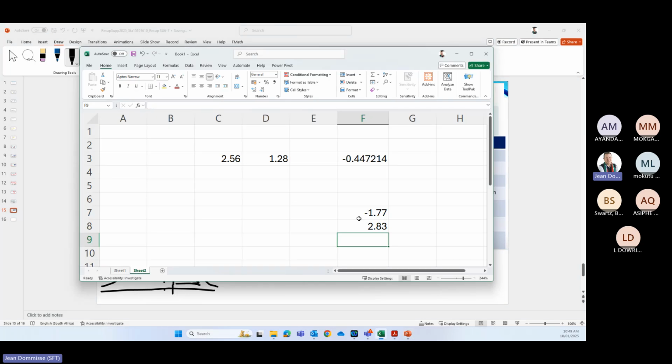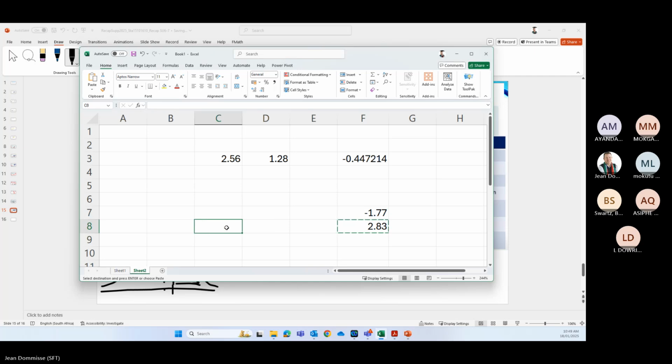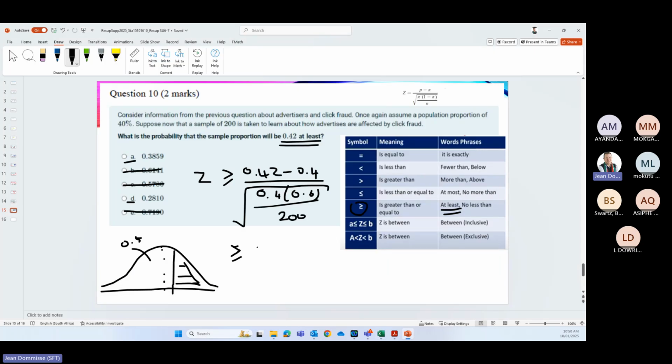So again, let's copy that. Now we work with 0.42 and the sample was 200. So now we work with 0.58.